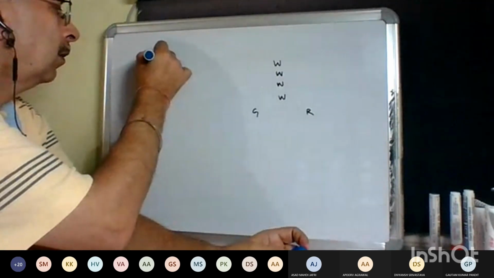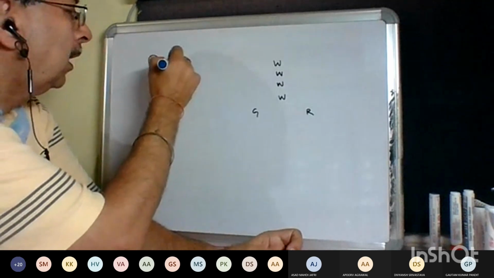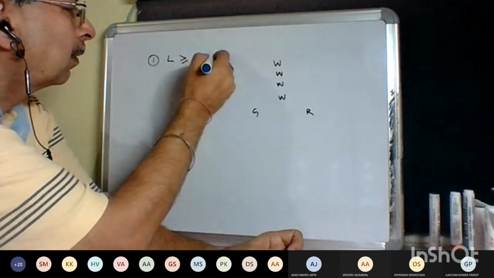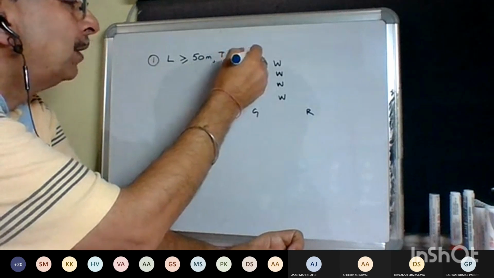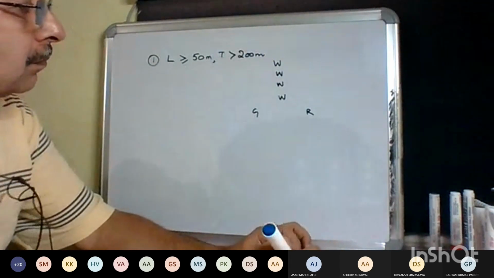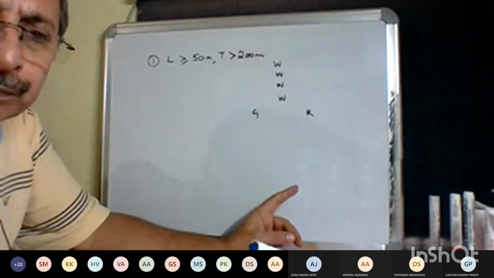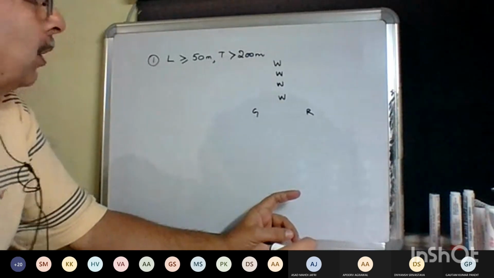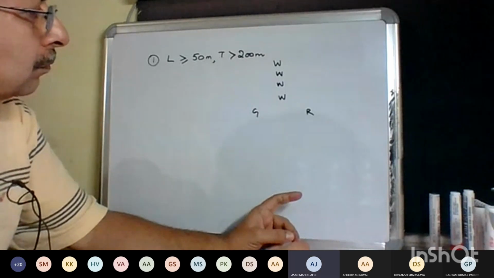This would be a power-driven vessel, length probably 50 meters or more in length. Length of the tow exceeds 200 meters, as seen from right ahead. Is it okay? Yes, sir.